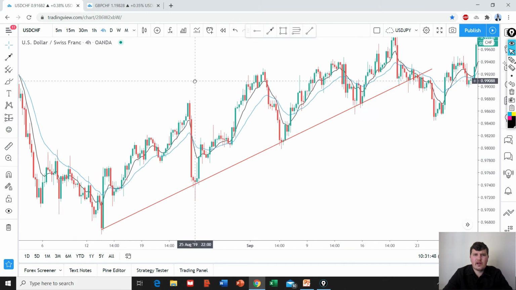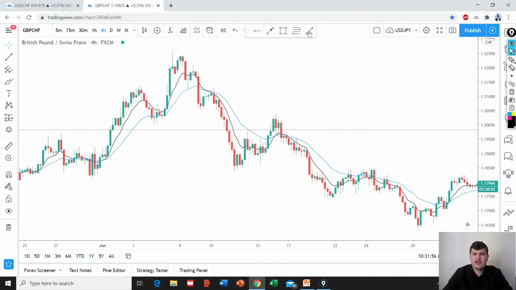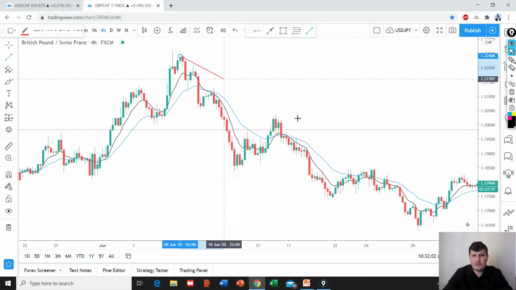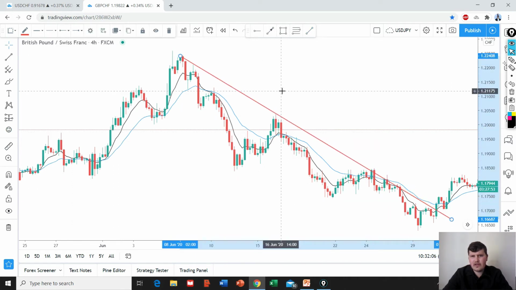Now, I'm going to show you on this British pound Swiss franc trade how you can draw a downward trend line, and just like with the upward trend line, you're going to connect two of the peaks over here like this.